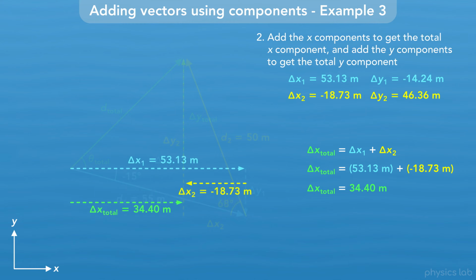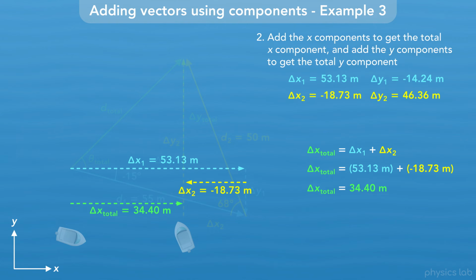When we add the components graphically, we start with delta x1, and then we add delta x2, which is negative, and points to the left. So the sum of the two components, delta x total, looks like this. The boat moves 53.13 meters to the right, then 18.73 meters to the left.